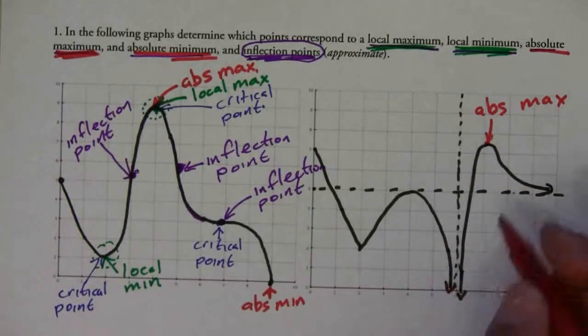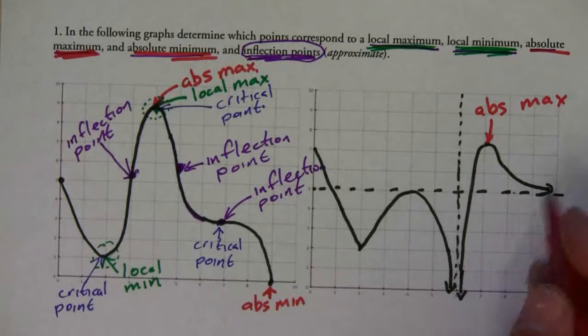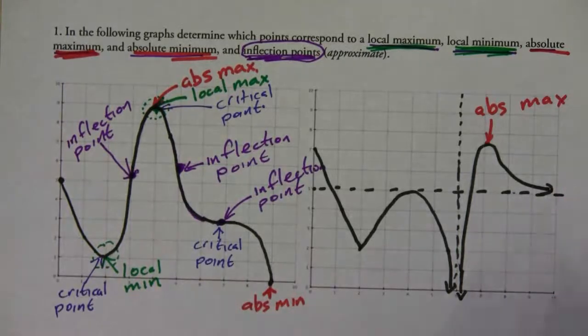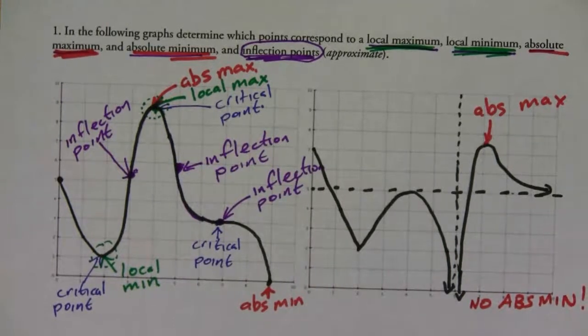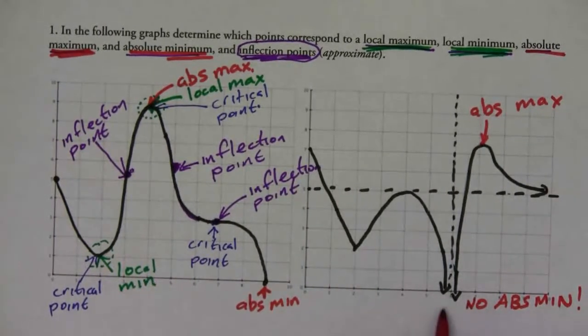Now, for the absolute minimum, notice that there is no absolute minimum, simply because this keeps going down forever and ever. If this function keeps going down forever, there's no absolute lowest value the function can be.